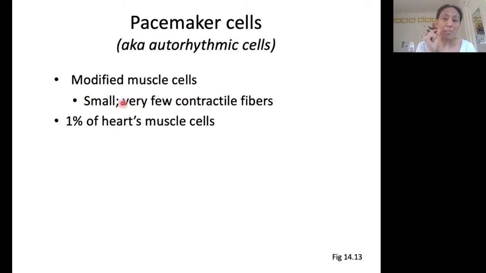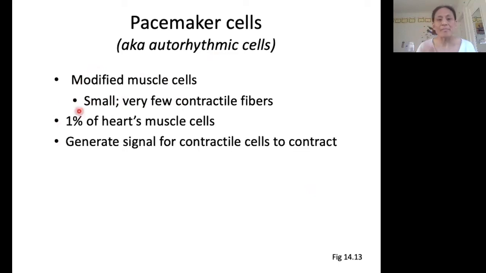They make up about 1% of the heart's muscle cells. Their job is to generate and conduct the electrical signal that tells the contractile cells to contract. They are the communicator of the signal. They pass that on to the contractile cells, and then the contractile cells contract.